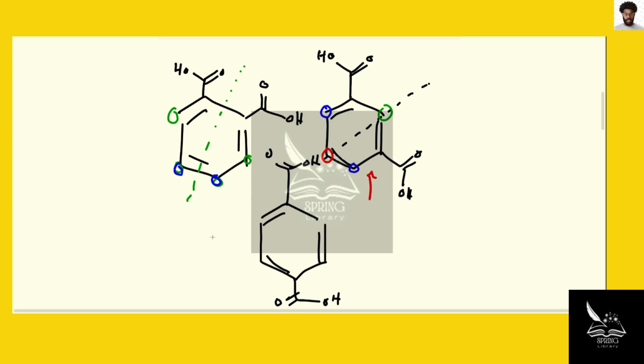Finally, we've got symmetry here. Okay, so we could have monochlorination here. Actually, the problem here is that we've got symmetry twice over. So this is the same as this, is the same as this, is the same as this.